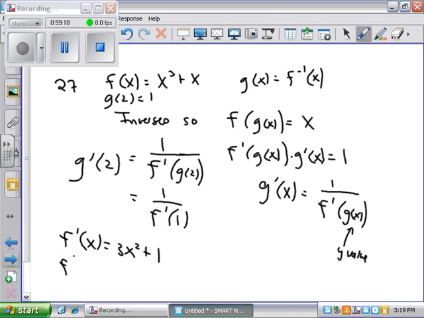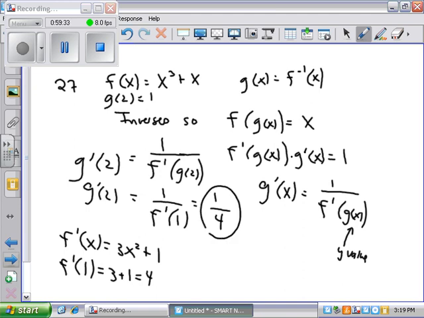We're going to plug the 1 into it. So 3 plus 1 equals 4. And so if we want to know what g prime of 2 is, it's going to be 1 over 4. So the derivative of an inverse is 1 over the derivative of the function, but at the y value.